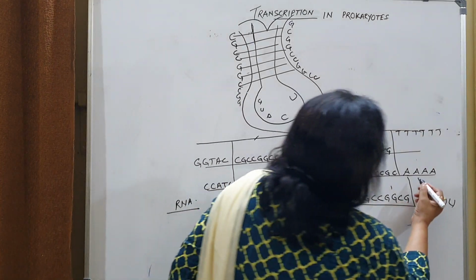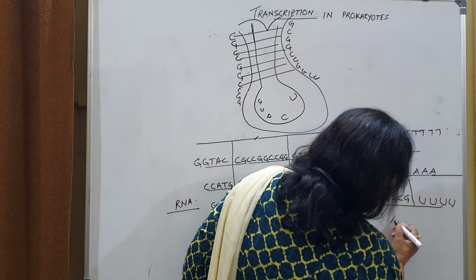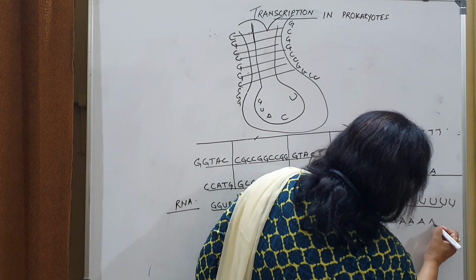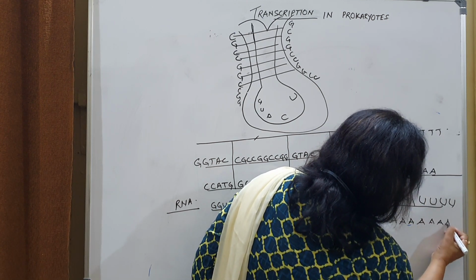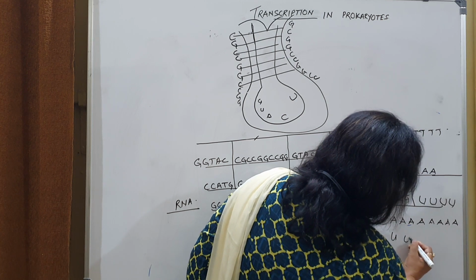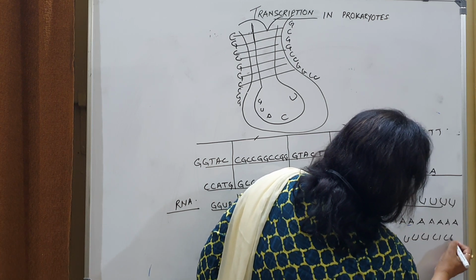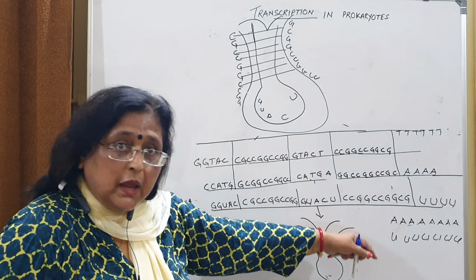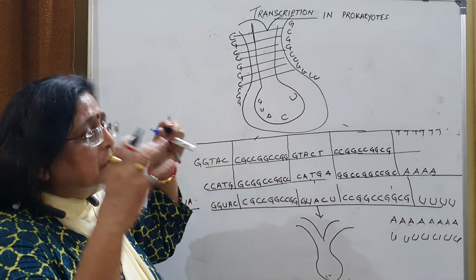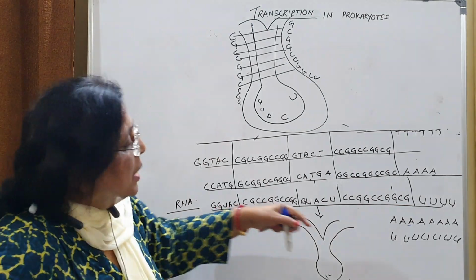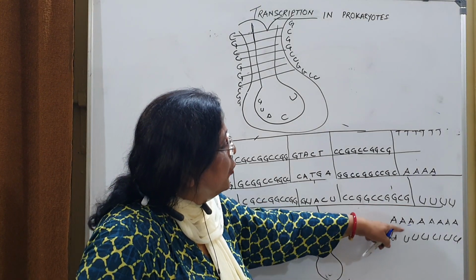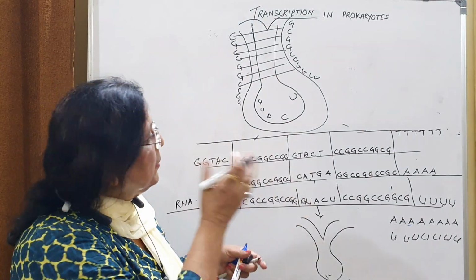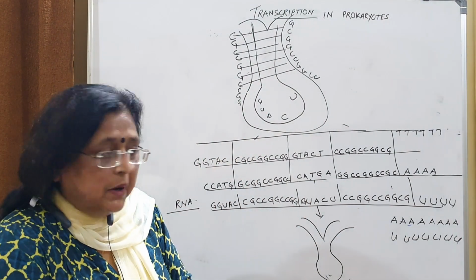We have this weak bond over here. It is A and U over here. The bond between A and U is weak. As the strong bond attracts with a force, the bond between A and U will break and the ribosome will be liberated, whereas the mRNA will also be liberated.